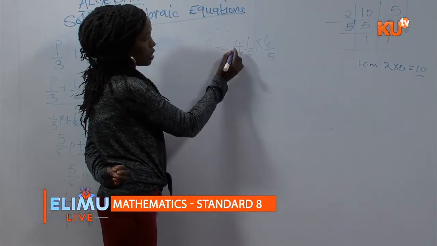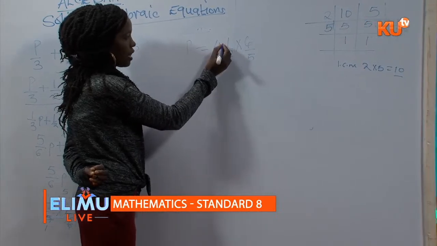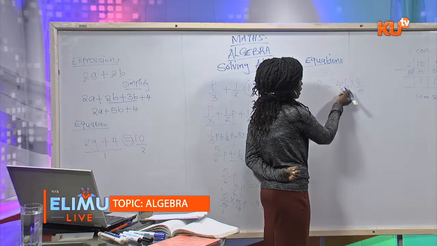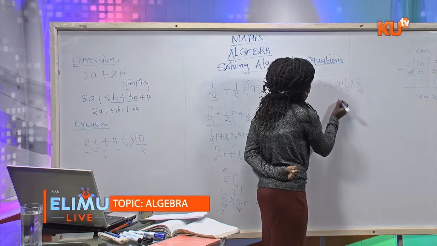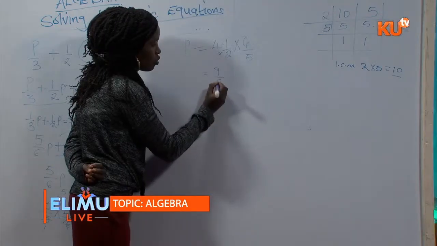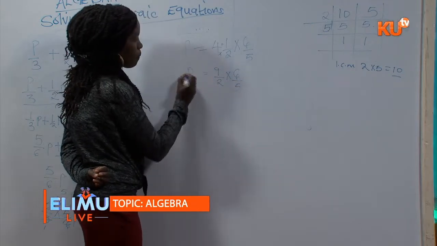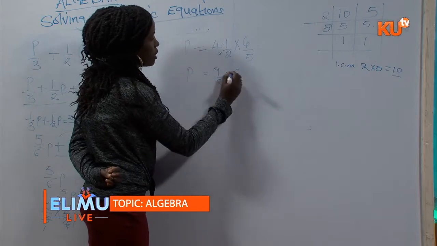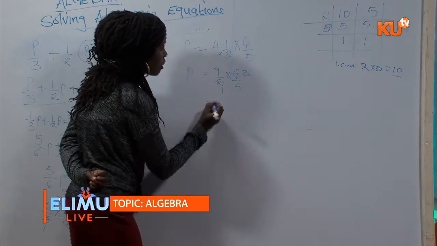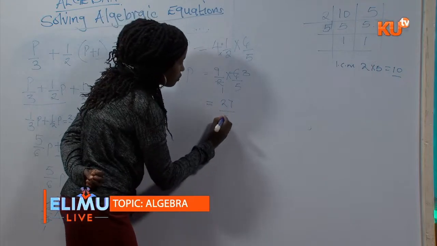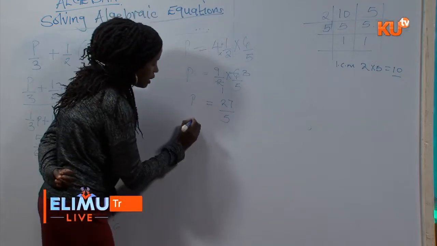To change to an improper fraction, you take the whole number times the denominator, then plus the numerator. So it is 4 times 2, we get 8, plus 1, we get 9. 9 over 2 times 6 over 5. By 2, 1. By 2, 3. 9 times 3, we get 27 over 5. That is the value of our p.